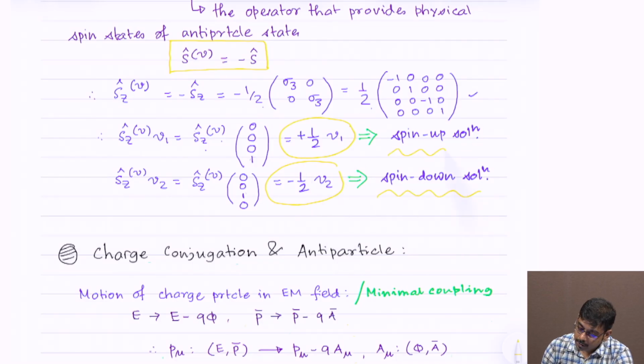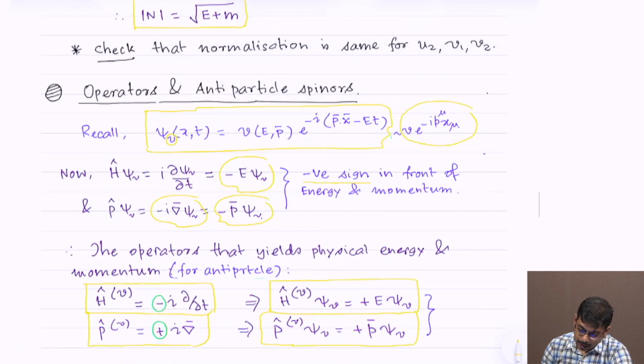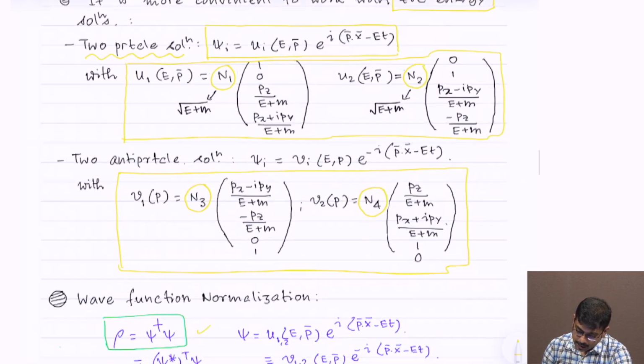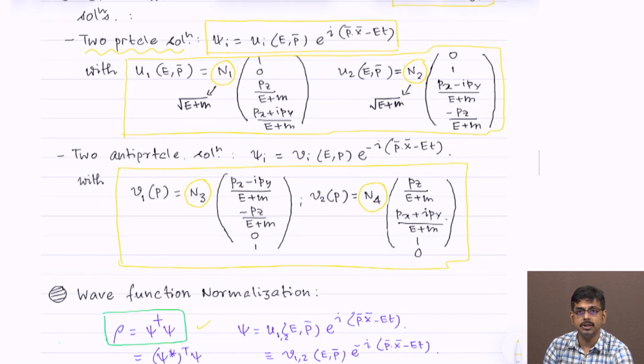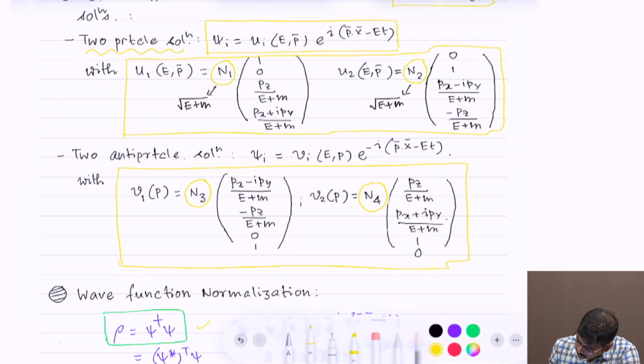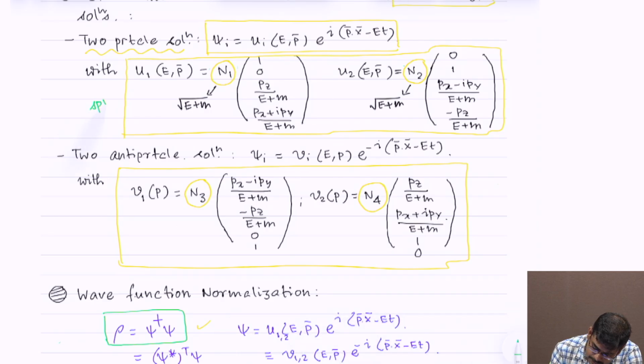So, we can come back to the nomenclature that we have. All of these 4 that we have chosen are positive energy solutions. U1 and U2 are the positive energy particle-like solutions, and V1 and V2 are the positive energy antiparticle-like solutions. So, U1 corresponds to a spin up state.